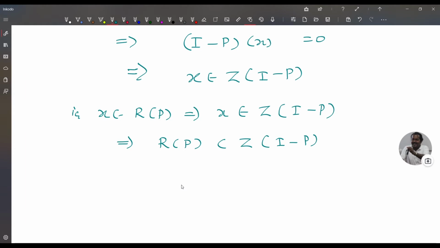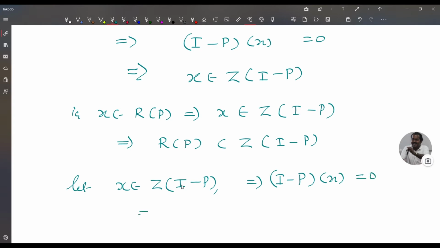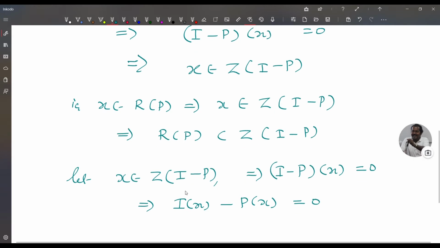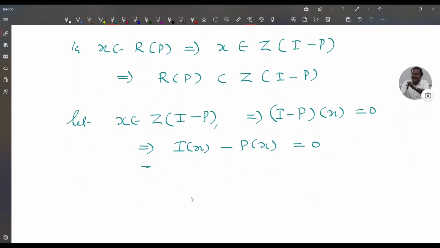Now we prove the reverse inclusion. Let X belong to null space of I minus P. This implies I minus P of X equal to 0. So this implies I of X minus P of X equal to 0. So this implies X minus P of X equal to 0.